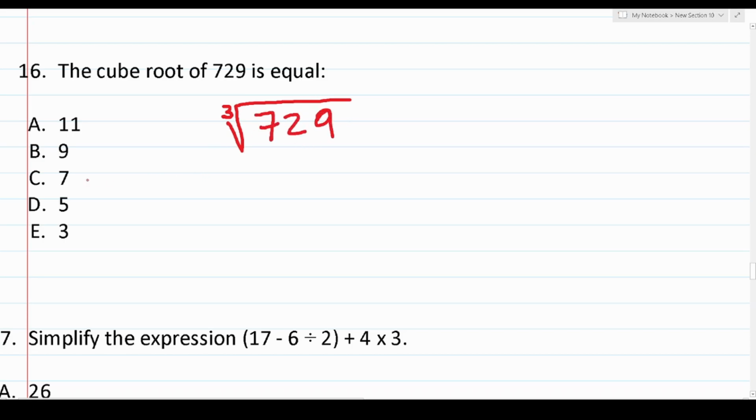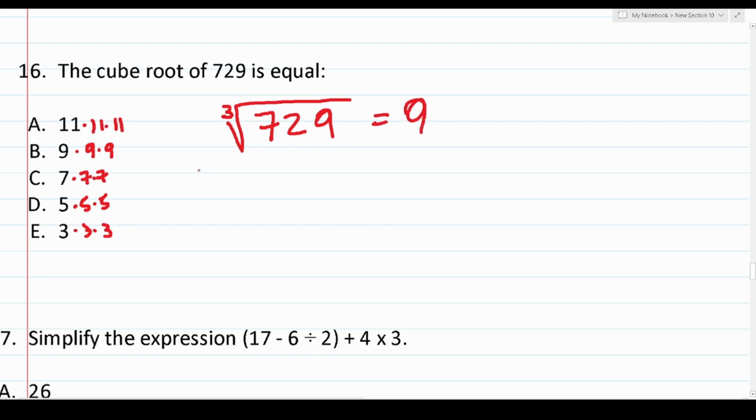In other words, we want to find which of these numbers multiplied by themselves 3 times will equal 729. So I recommend that you memorize from 1 to 20 the squares and from 1 to 10 the cubes of numbers, because if you did that, you would realize that the answer to this is simply 9.